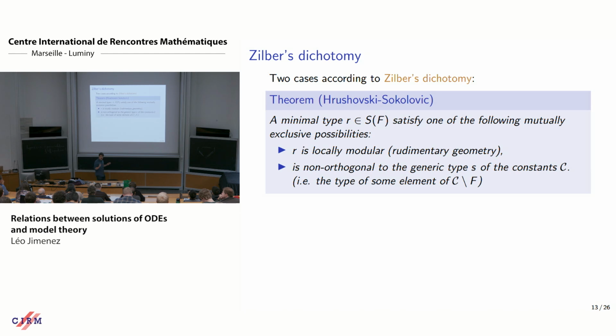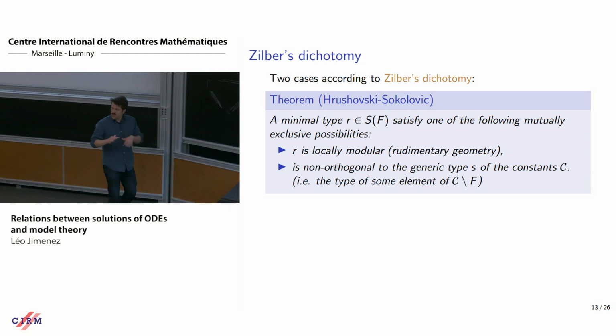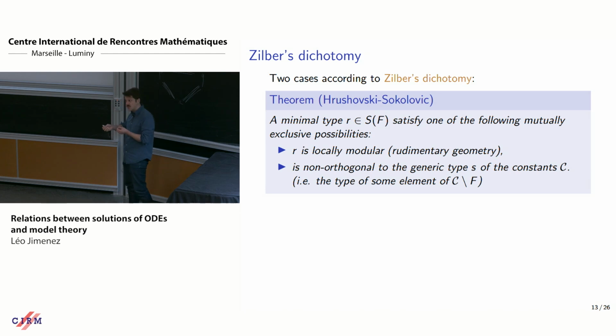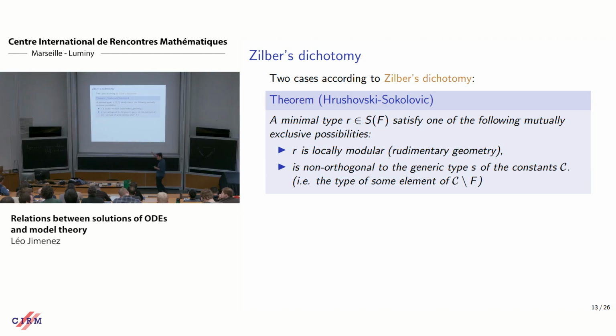Either it's locally modular, and I'm not going to define this, but you can think of it as inside of R, there's not much happening. The geometry inside of the realization of that type, nothing complicated is going on. Otherwise, if it's complicated enough, it's non-orthogonal to the generic type S of the field of constants. By the generic type S of the constants, I mean the type of some element that's in the constants but not in F, where F is algebraically closed. So there's really one thing here.